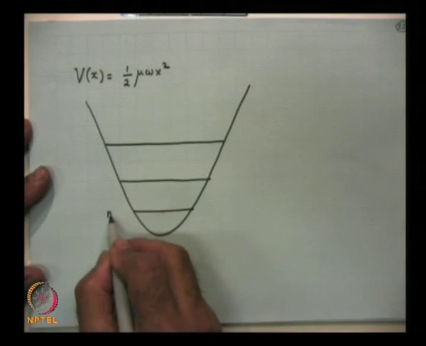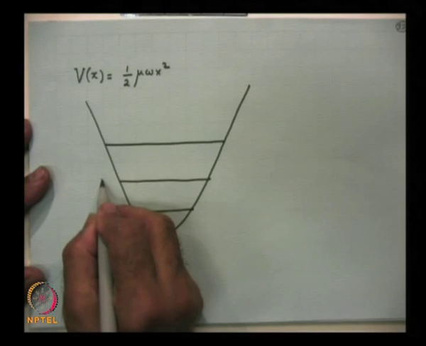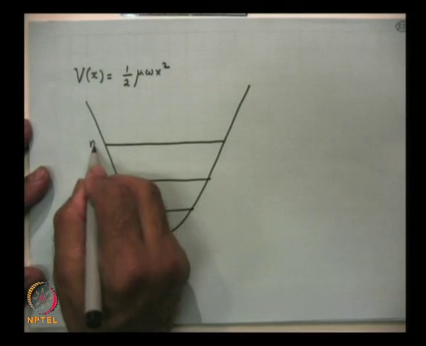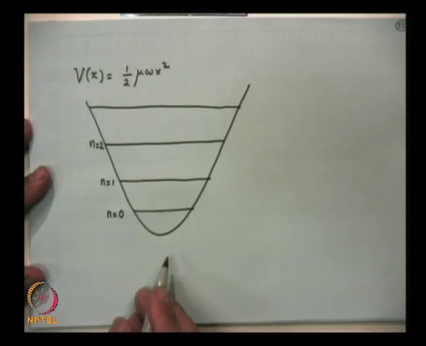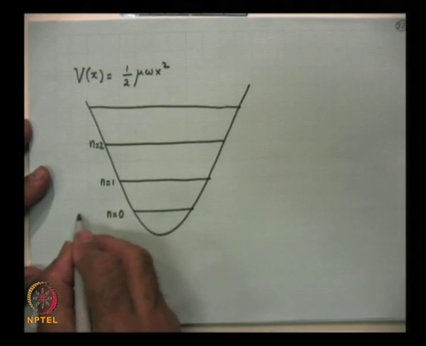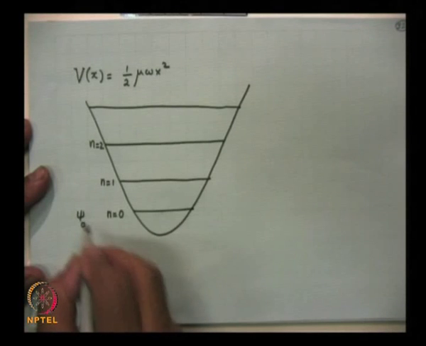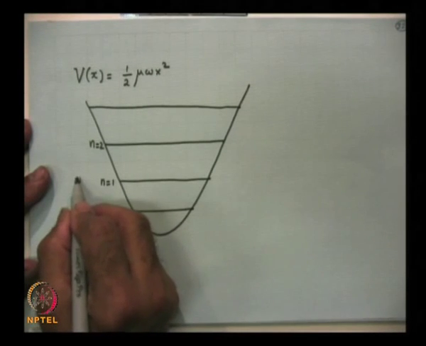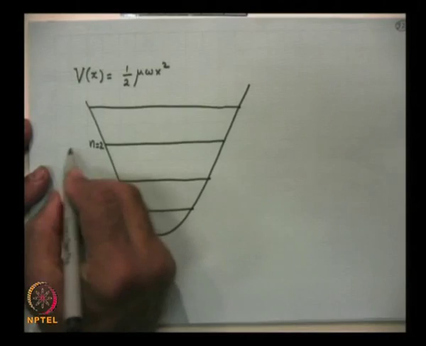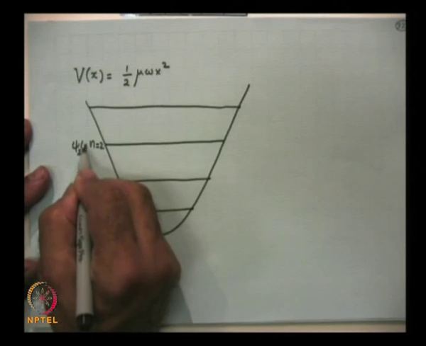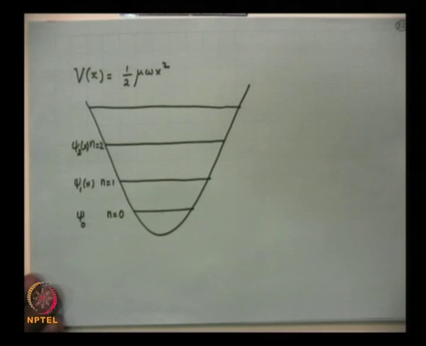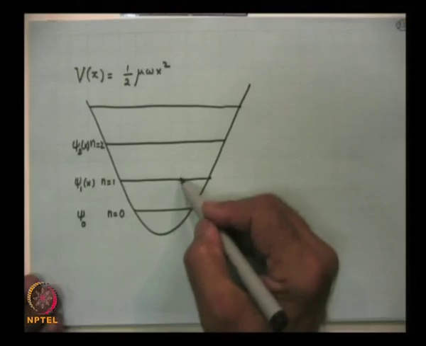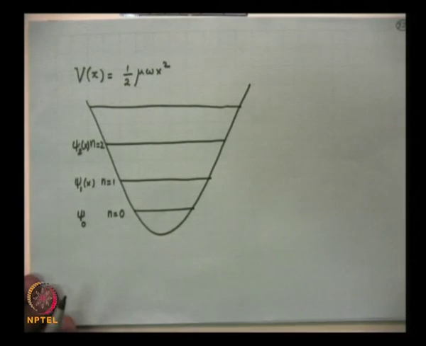This corresponds to n equal to 0, n equal to 1, n is equal to 2, and similarly n is equal to 3. This was denoted by the wave functions psi 0 of x, psi 1 of x, psi 2 of x, and so on. Now, we consider this linear harmonic oscillator. These are the different states of the oscillator.